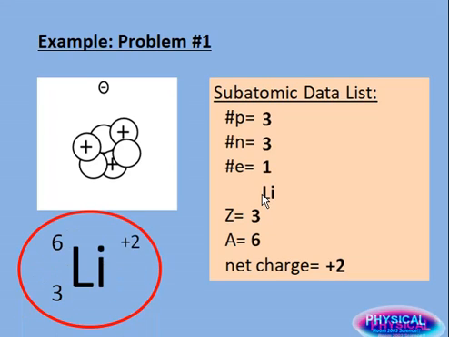And there we have it. In this case, again, it's an ion because this is not 0. If this were 0, it would be an atom, but it is not. It's +2. That means that this is a lithium cation. And here is the notation for it. All right, that's our example.